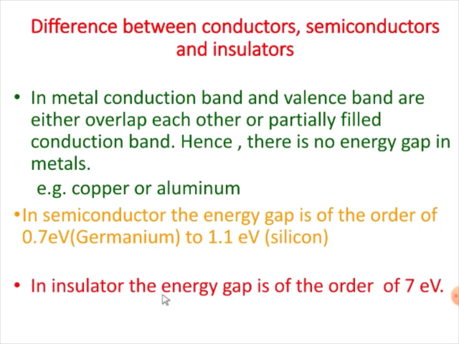For example, in the case of diamond, the energy gap is 6 electron volt. Due to this large energy gap, no electron is able to go from the valence band to the conduction band, even if the applied electric field is very large. Hence, electrical conduction in this material is impossible, as they behave as insulator. That means no conduction of electric current.